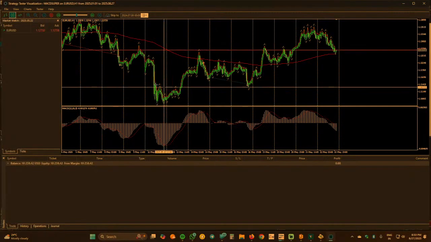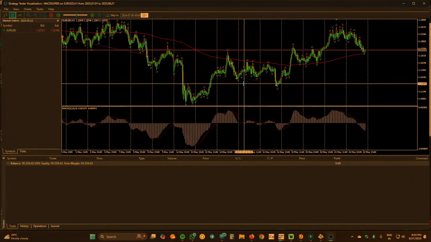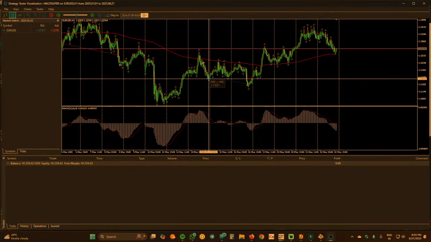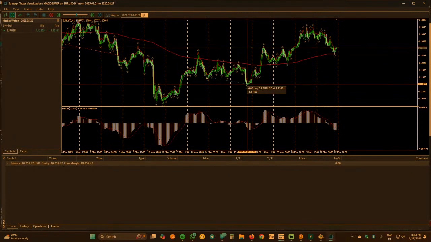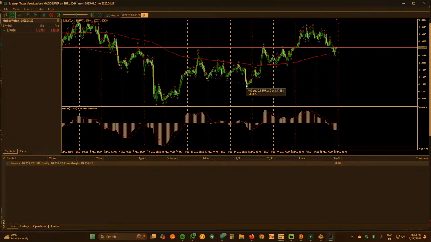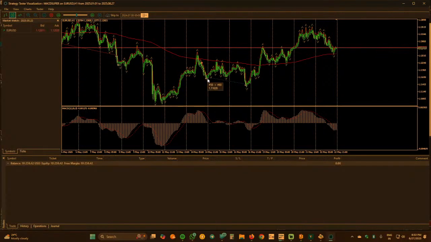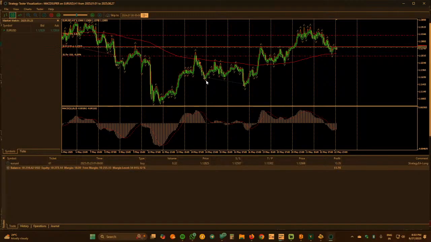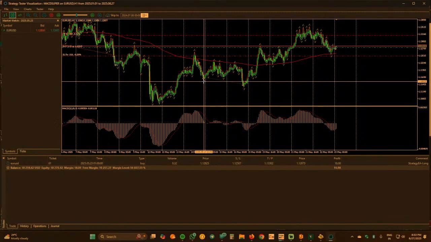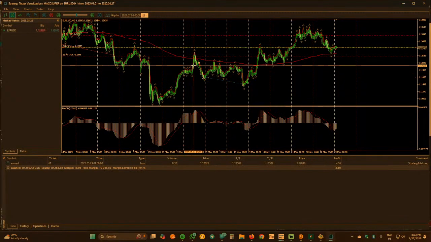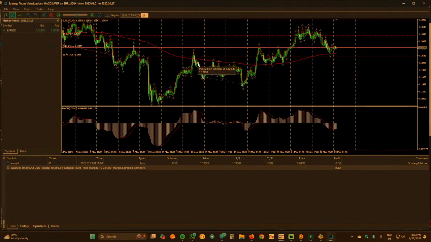So there is a problem with the EA. It should have not taken this buy trade. I don't know why it took this trade, because clearly it is below moving average and it should have been a sell trade. Oh, pardon, it was a sell.